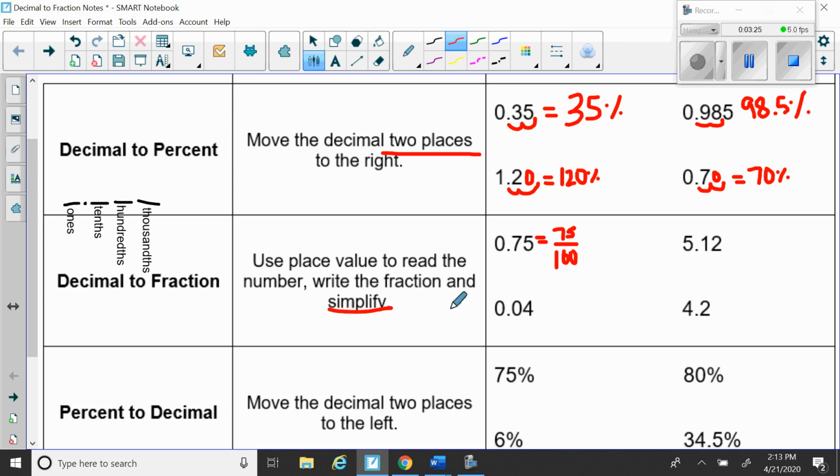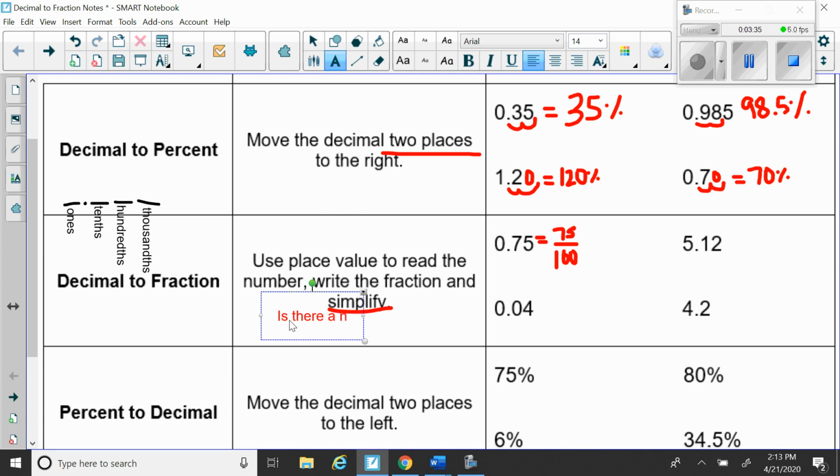Now remember, when you simplify, the question we want to ask ourselves is: is there a number that goes into the numerator, which is the top number, and the denominator, which is the bottom number?